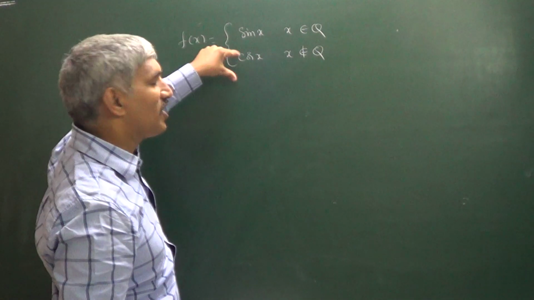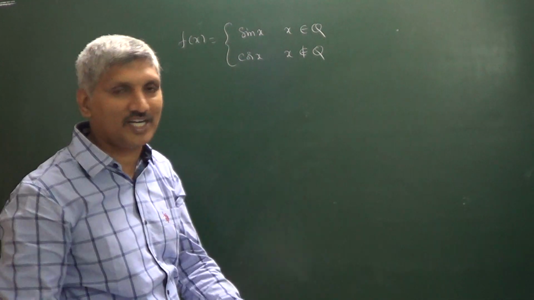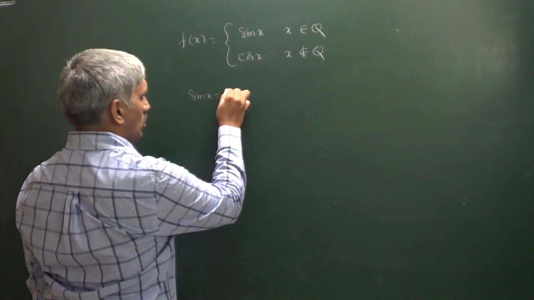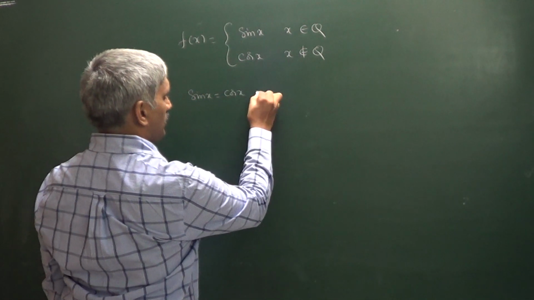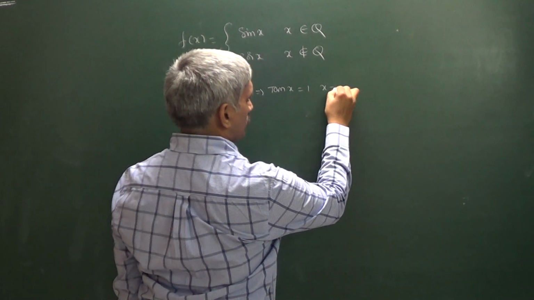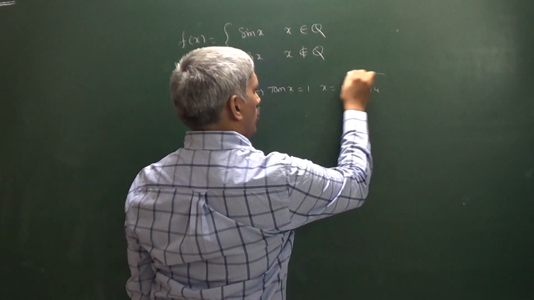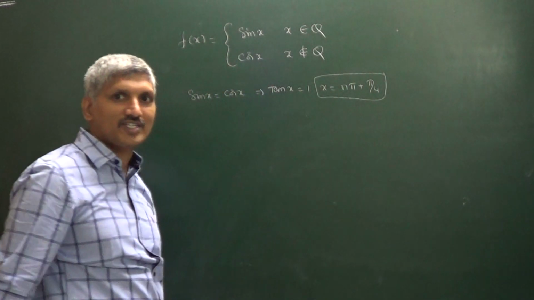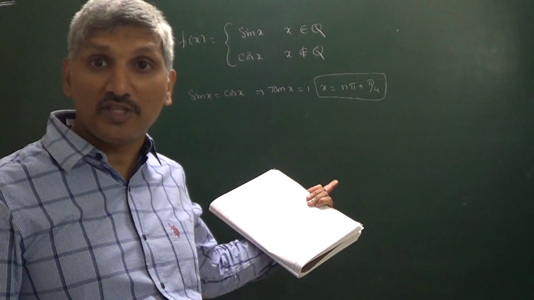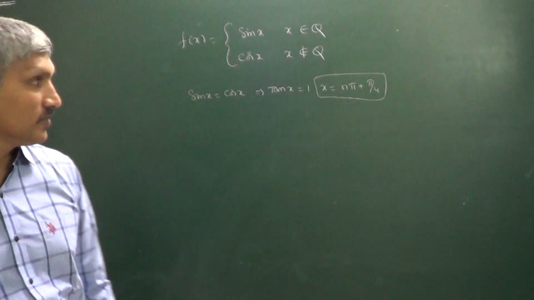If these two are equal, at that point only the function is continuous. That's why sin x is equal to cos x. That means tan x is equal to 1. So x is equal to n pi plus pi by 4. For all these values the function is continuous. At all other points the function is discontinuous.